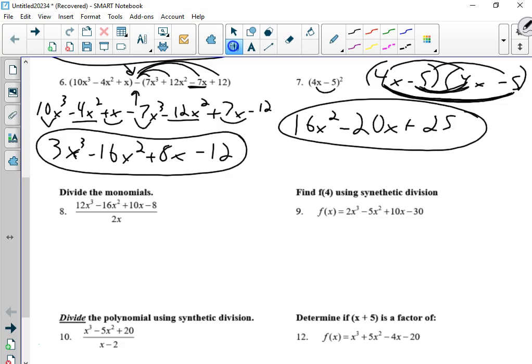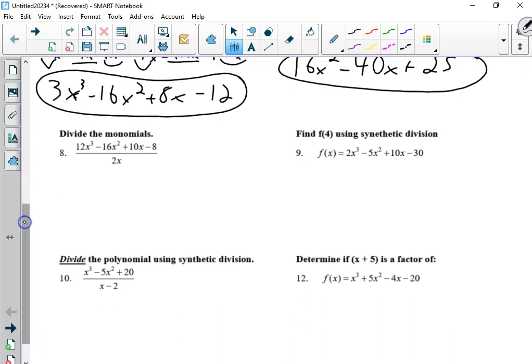That's where the negative 40x that I did not write for some reason, I said it, but I did not write it. That is where the negative 40x comes from. Classic do as I say, not as I do problem right there.